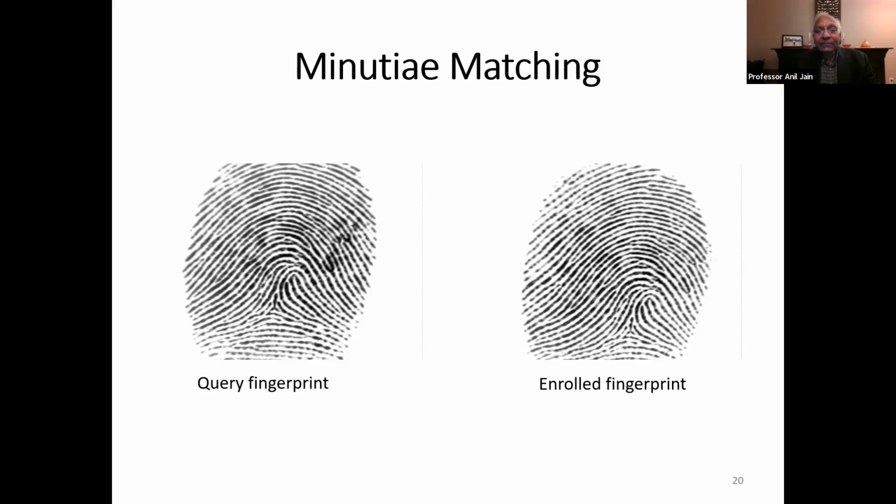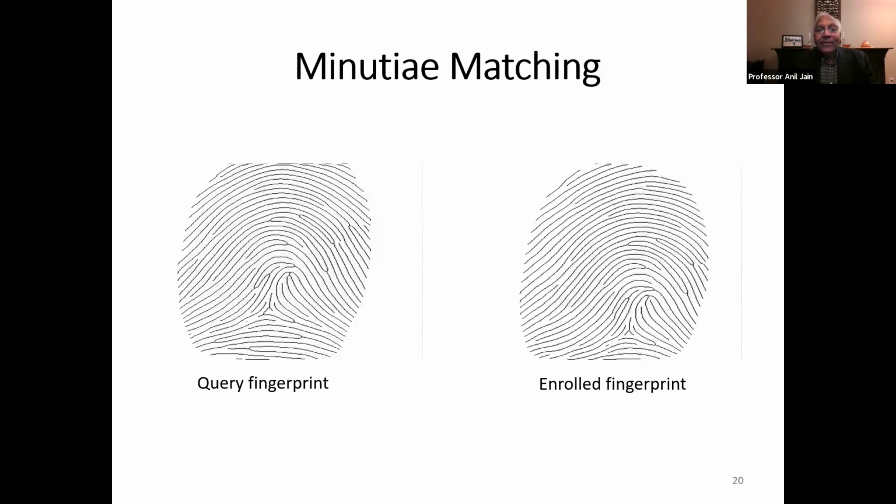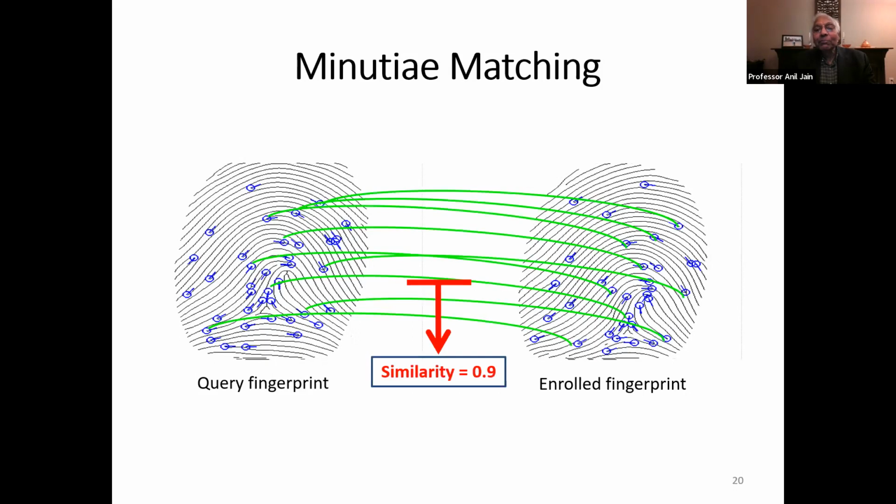If you click again, please. So here it is doing thinning and finding the ridges, and the minutiae points are where the ridges bifurcate or the ridges end. So if you click again, you will see the minutiae points, and now we have established a correspondence or point matching, and we get a similarity score.